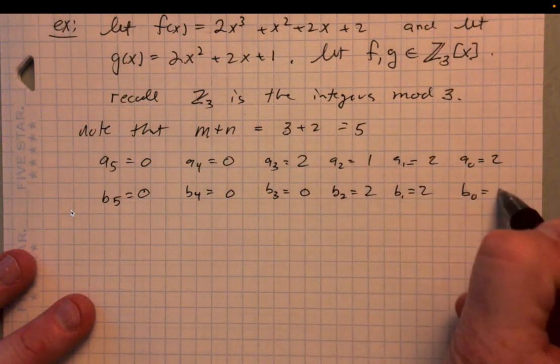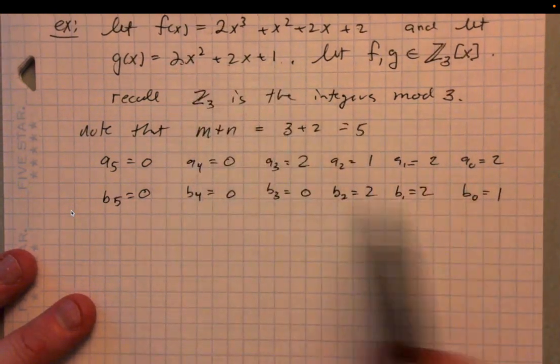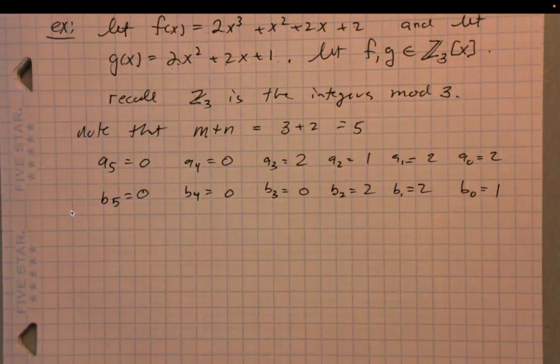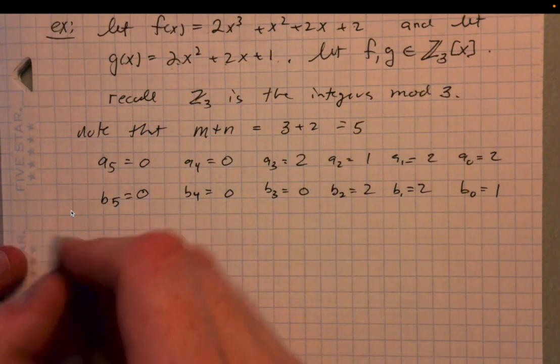So b2 is 2, b1 is 2, b0 is 1, and everything else is 0. I know this is the long way around, but we're going to work this example end to end so you can get an exhaustive sense for how these work. And then let's add them together.